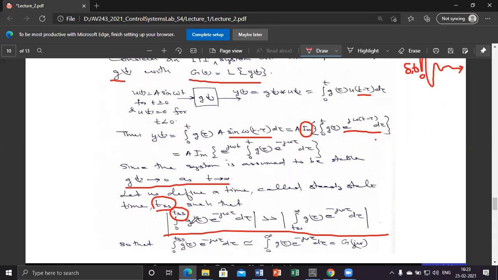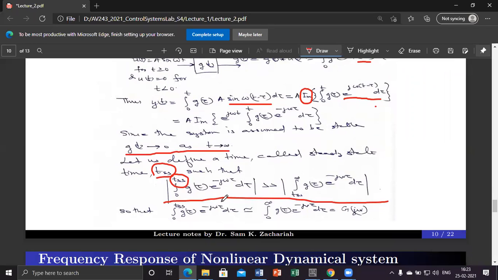You fix the time. If you fix such a time, the benefit is like this: you can say that the integral from 0 to T_SS of g(tau) e^(-j omega tau) d tau is almost equal to the integral from 0 to infinity of g(tau) e^(-j omega tau) d tau.